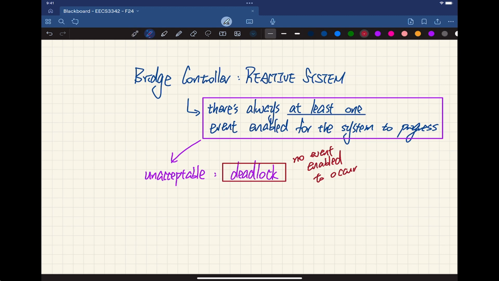Let's assume the following and use some notation here. For our bridge controller so far, we've got two events: ML out and ML in. Right? These are the two events. Let's say we have some function g to retrieve the guard.